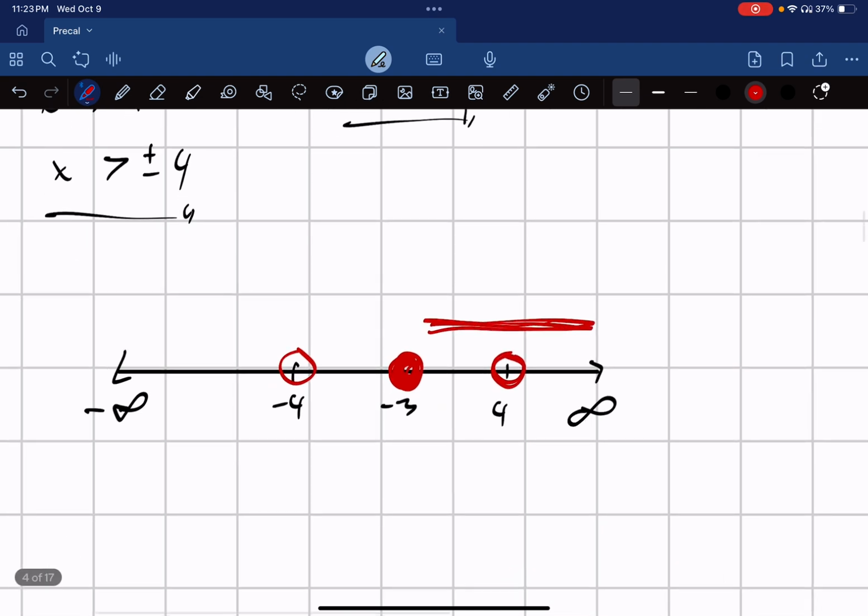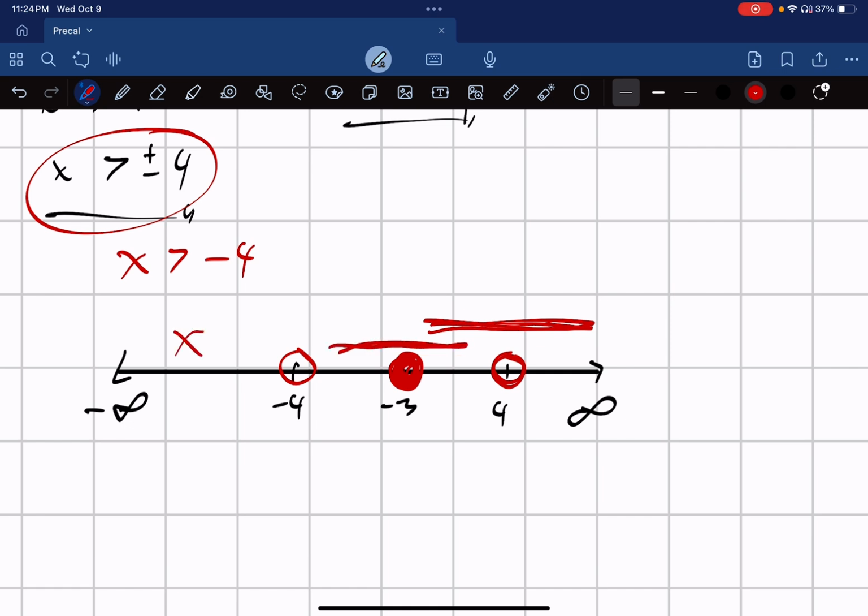However, the first restriction says x must be beyond negative 4, so the part less than negative 4 applies. The other side says x is greater than positive 4.